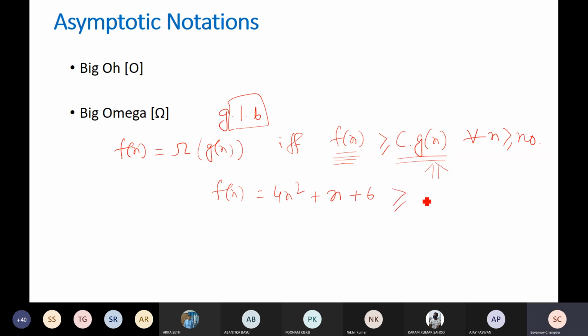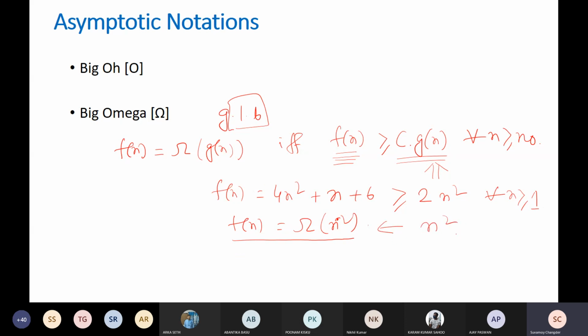So obviously this can be written as 2n square for n greater than or equal to 1. Okay. So easily we can check that this equation is true for n greater than or equal to 1. So immediately we can write that f(n) is big omega of n square. Right. So the lower bound for f(n) is given again as the order of n square.